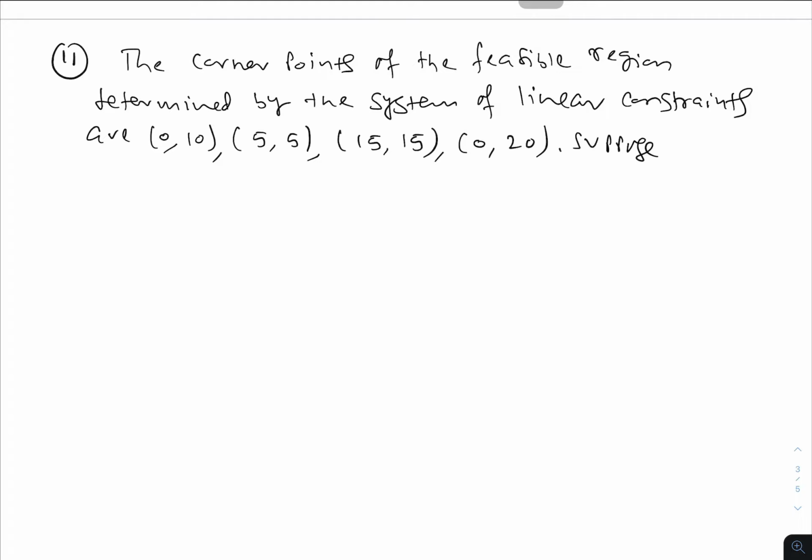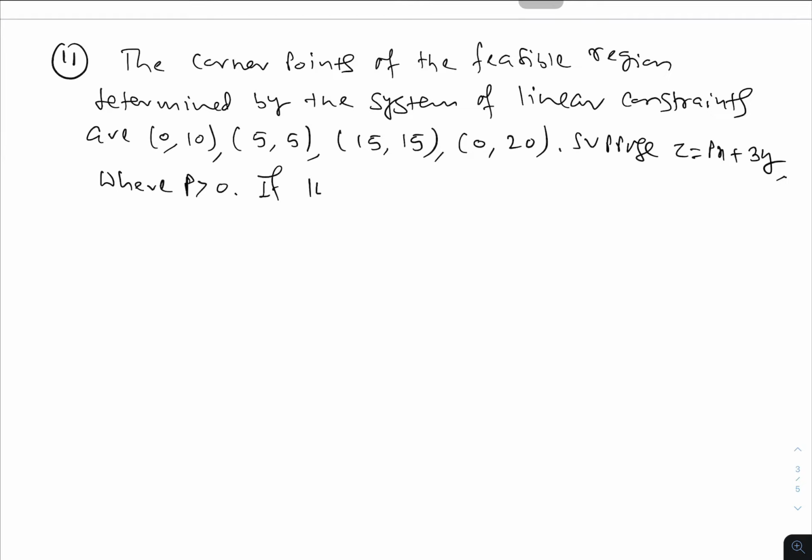Suppose z equal to px plus 3y, where p greater than 0.